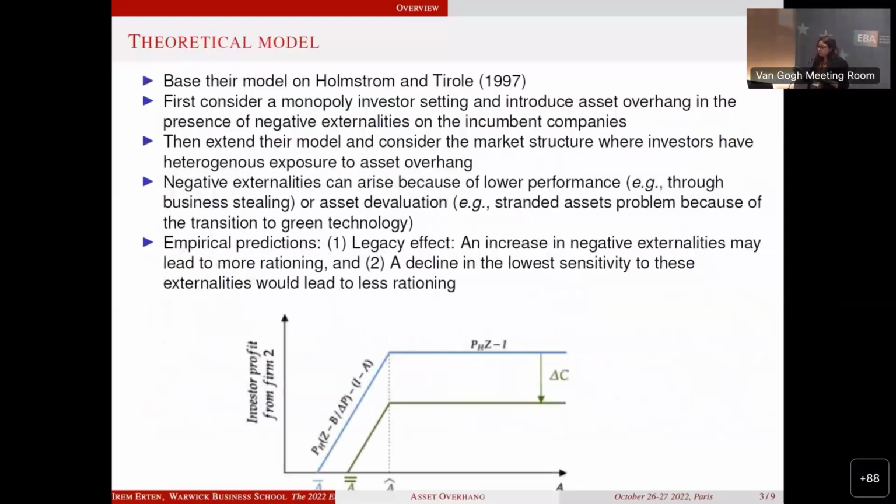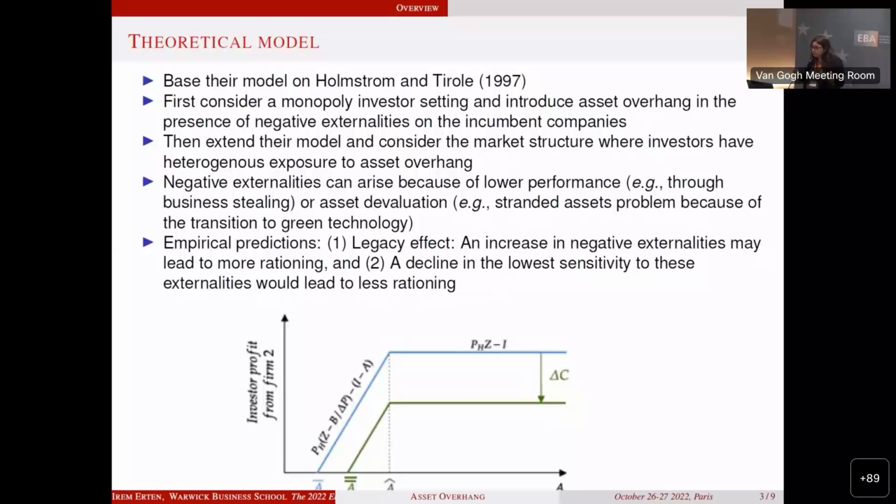In terms of the theoretical model, a very brief summary I'd like to do is it's based on a standard Holmstrom and Tirole model. They start with a simple monopoly investor setting, and then they introduce asset overhang, which is about the externality of reducing the collateral value of legacy investors due to the disruptive technologies.